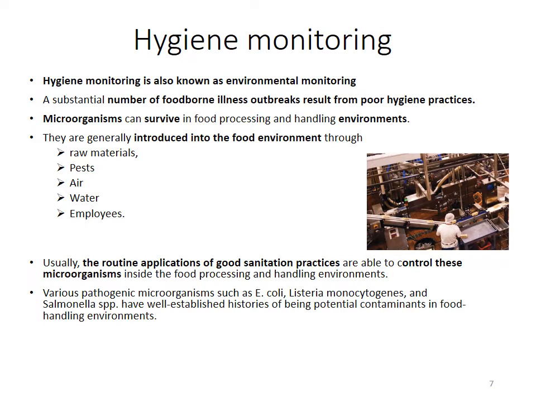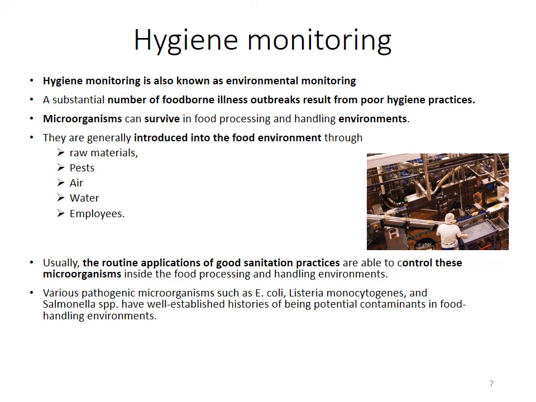Okay, but however, we are able to control these microorganisms if we apply a good sanitation practice, okay, good cleaning program, and there have been quite well-established histories, okay, where pathogens are able to survive in the environments of food factories and then be brought by air or by operators from one surface to food products.